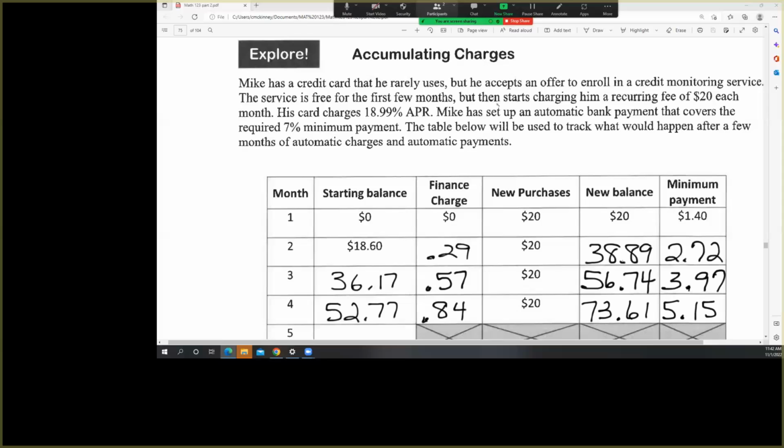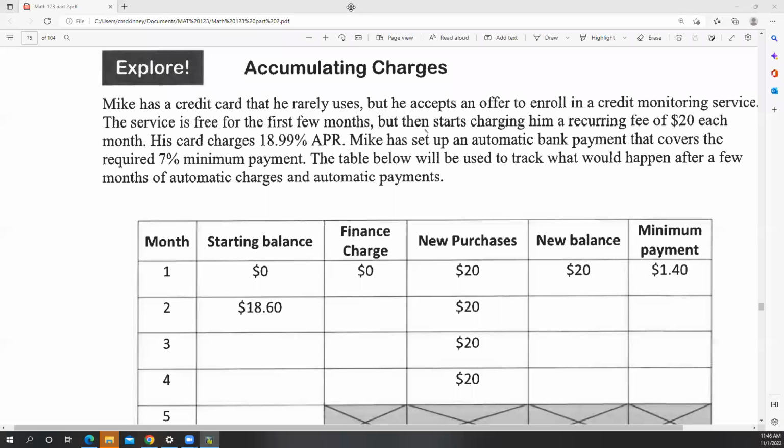Okay, so turn the page over and then you're gonna see, and we're not gonna do an assignment like this one, but how things actually work is usually an average daily balance.